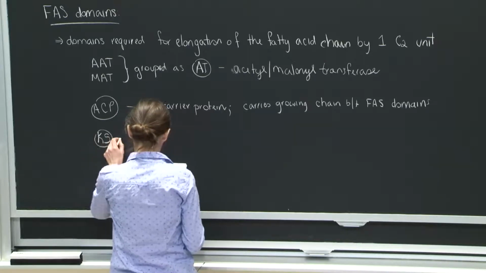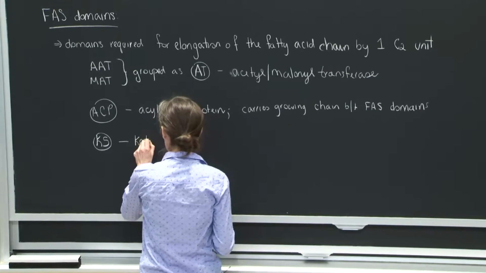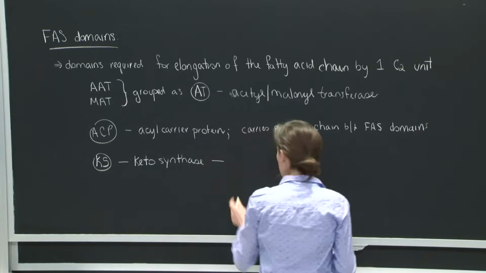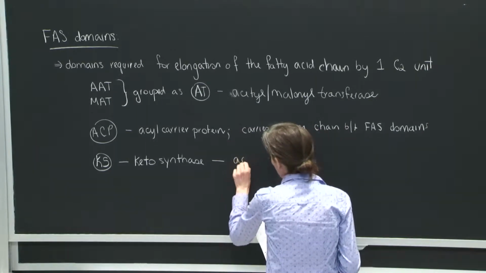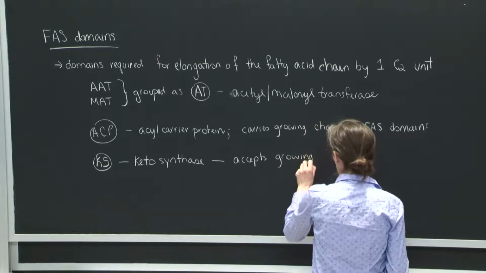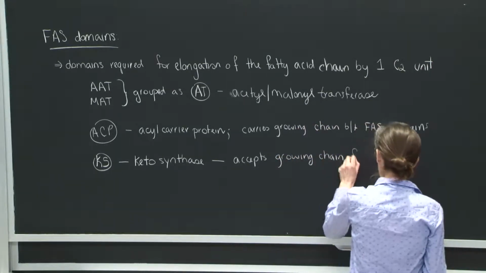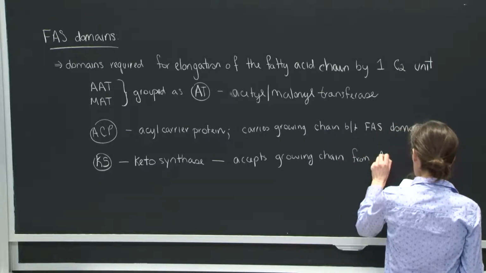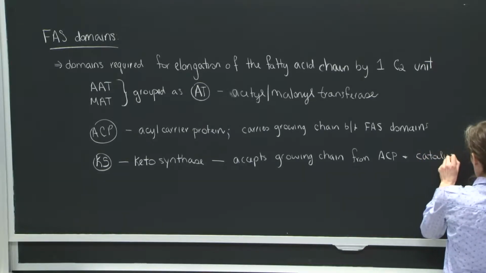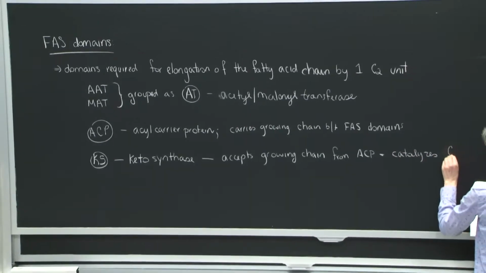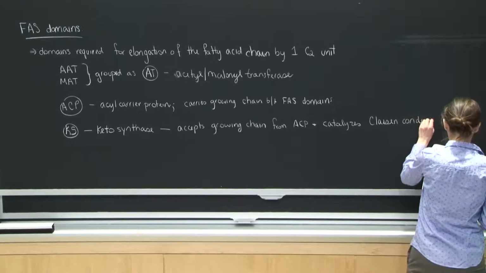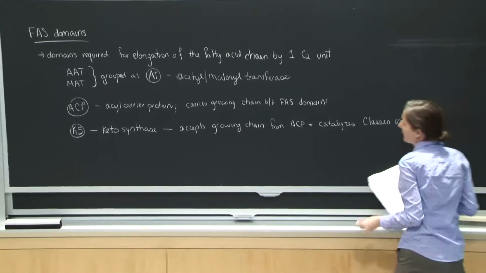We also have the keto synthase. So what the keto synthase does is it accepts the growing chain from the acyl carrier protein, and it catalyzes the Claisen condensation with the next monomer.